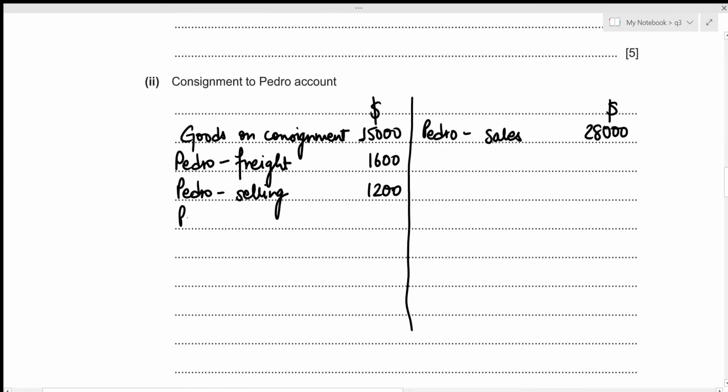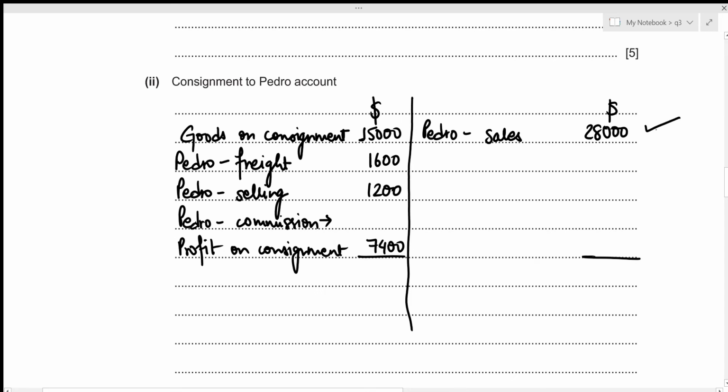We need to figure out Pedro's commission, but we already know that the profit on consignment was 7,400. Okay, so in this case the balancing figure is right here, and in order to figure out the balancing figure we require the total, and we know that our credit side is completed, so the total is just going to be this value, 28,000, and the total is going to remain the same for the debit side as well.